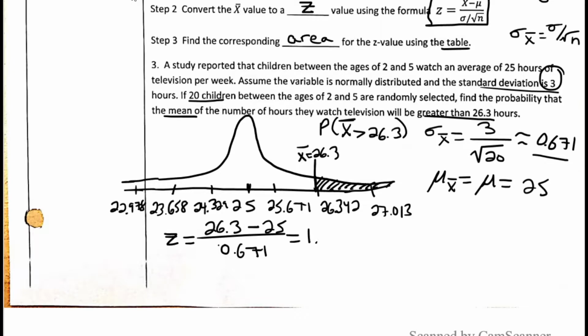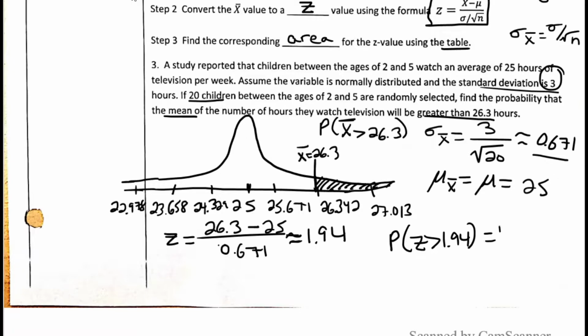And you get 1.94 approximately. All right, so we can go ahead and find out what the area is by looking it up at the z-chart. So remember, we are looking for the probability that z is greater than 1.94.